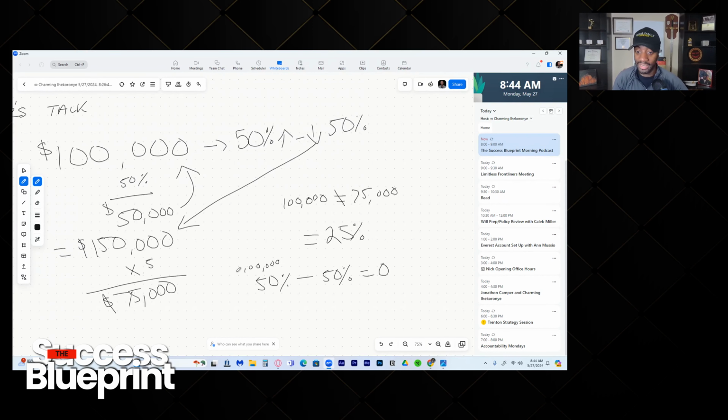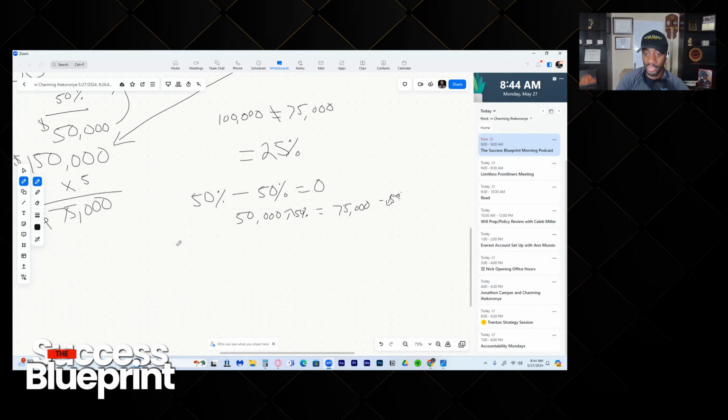Okay, next, I want to show you guys another piece of this. The same exact thing. What if this was $50,000, right? You went up by 50%, which got you to 75,000. What if you lose 50%? Well, 50% of 75,000 is 37,500.